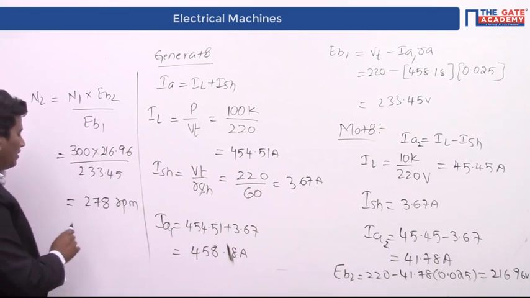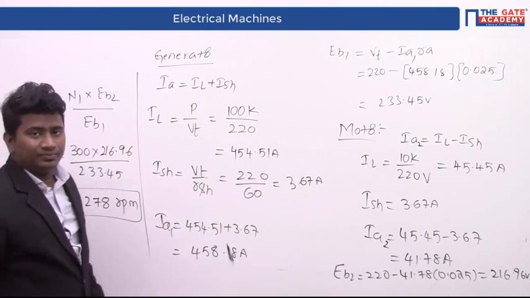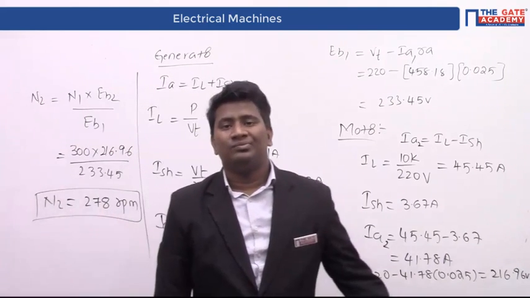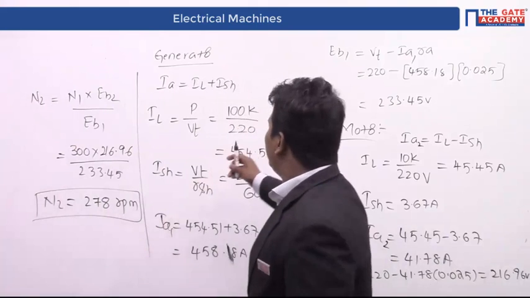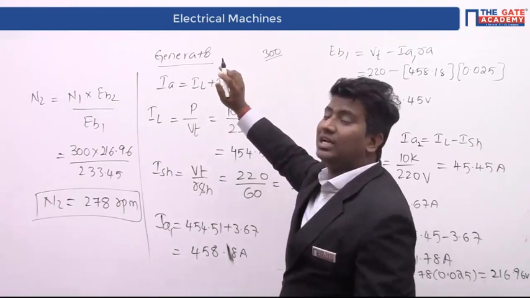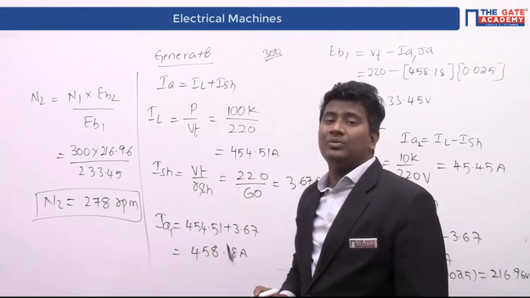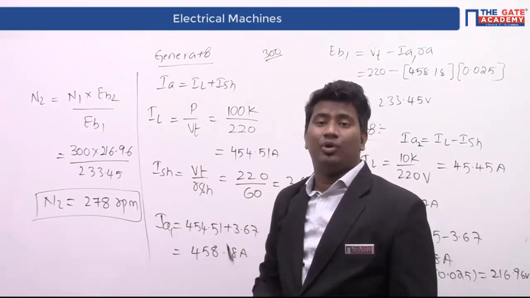Therefore, suddenly if the belt is broken, initially your generator is rotating at a speed of 300 RPM. But due to some malfunction, your belt is suddenly broken.